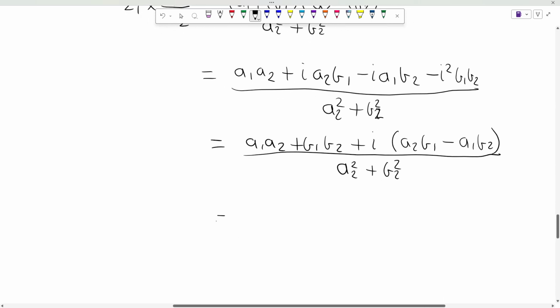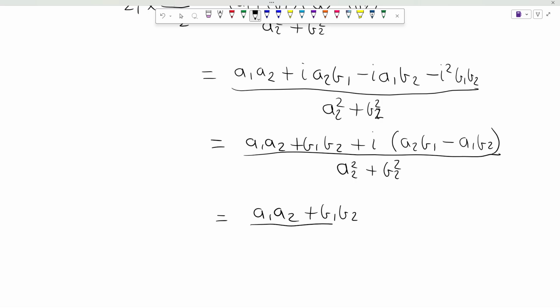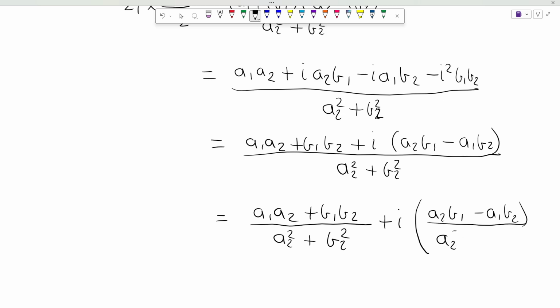Okay, so this will be equal to a1 a2 plus b1 b2 over a2 square plus b2 square plus iota times a2 b1 minus a1 b2 over a2 square plus b2 square.